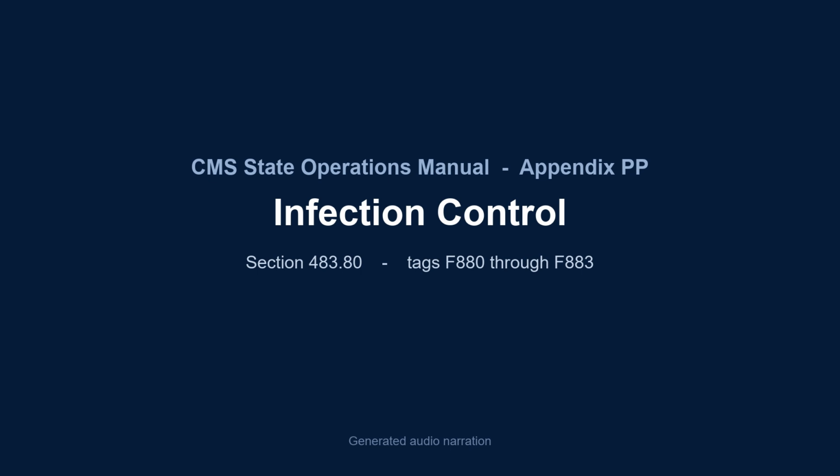Linens. Laundry services. Under Section 483.80(e), the facility must develop and follow practices on handling, storing, processing, and transporting laundry so as to prevent the spread of infection. The facility must monitor to ensure that the laundry practices are implemented.